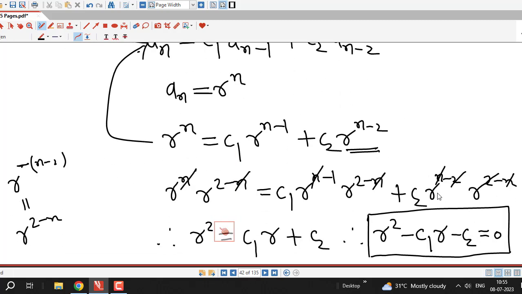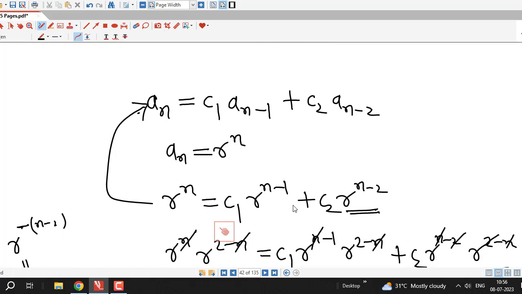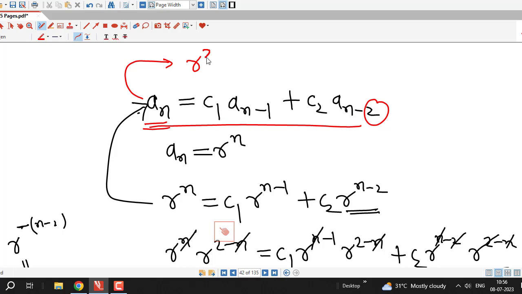Now every time to write down the characteristic equation, you don't have to write down all these steps. If you understand that the degree of this recurrence relation is 2, we can write the characteristic equation corresponding to this recurrence relation by starting with the second power of r, because here the degree is 2. So I replace an by r squared, and I am taking all these terms on the left hand side. Minus c1, I keep c1 as it is, but since I am writing it on the left hand side, it is negative.